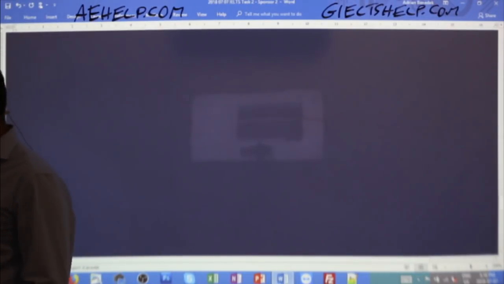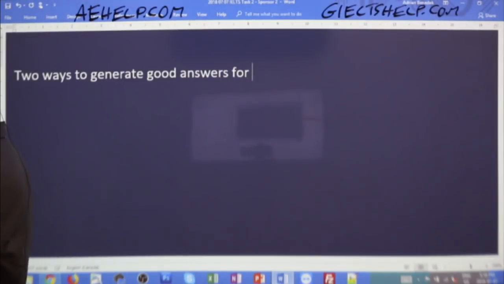So two ways to generate good answers for task 2. One is think big to small. Okay. And the other way is think small to big. That's the one students usually forget to do.